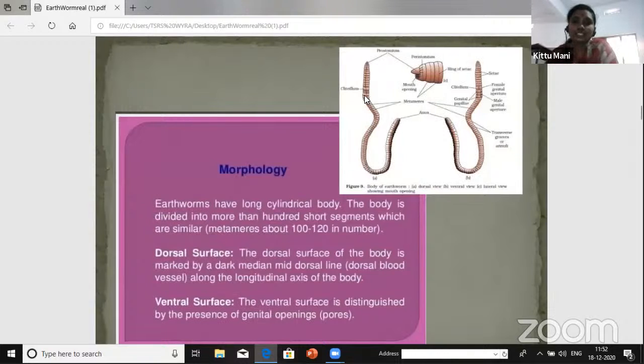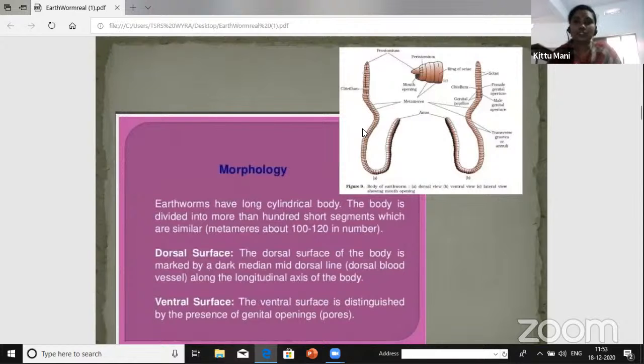The body is divided into more than 100 segments, 100 to 120 short segments, like first segment, second segment, third segment, fourth segment, like that. Those short segments are called metamers. That is the special feature of Annelida. We discussed it in the previous class, metamerism. The short segments are called metamers.